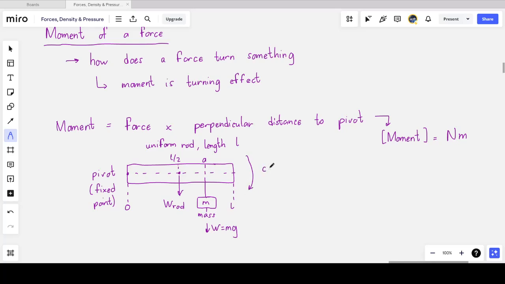It can move. And since there are two forces here that are going to help this rotation be clockwise, those two forces contribute to the moment of this rod about the pivot at x equal to 0. So that's what a moment basically is.